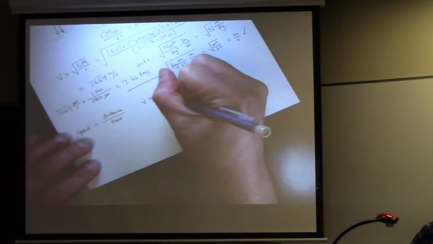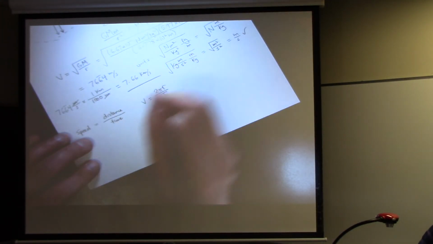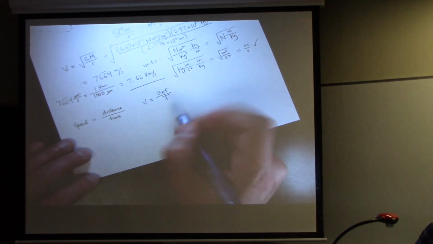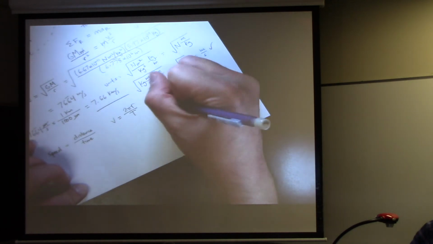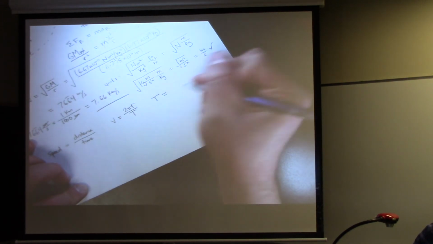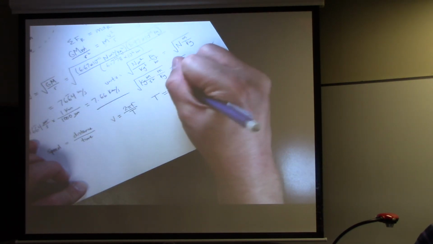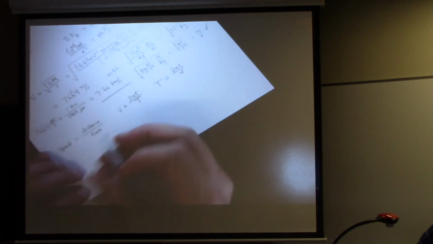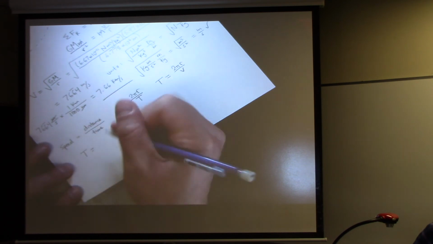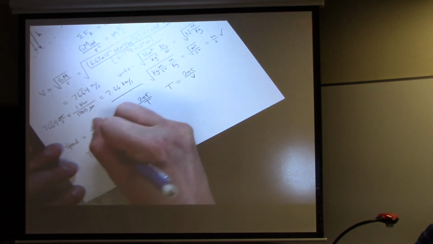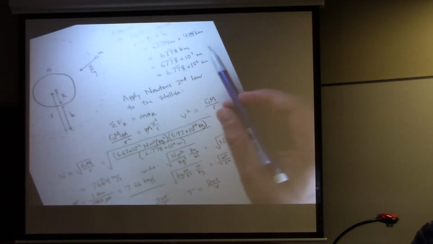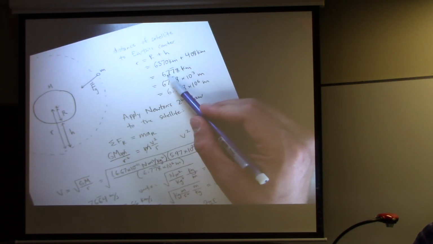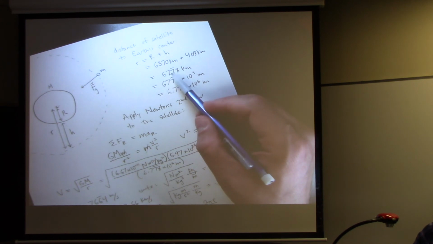And that means the time it takes is the period, because we travel one period every time we make one full circle. So to solve for the period, solve for T, we're going to have 2 pi r divided by v. And now we can just sort of plug and chug. So the period is 2 pi. Okay, what is the radius we found? How about we do it in kilometers? We found 6,778 kilometers.